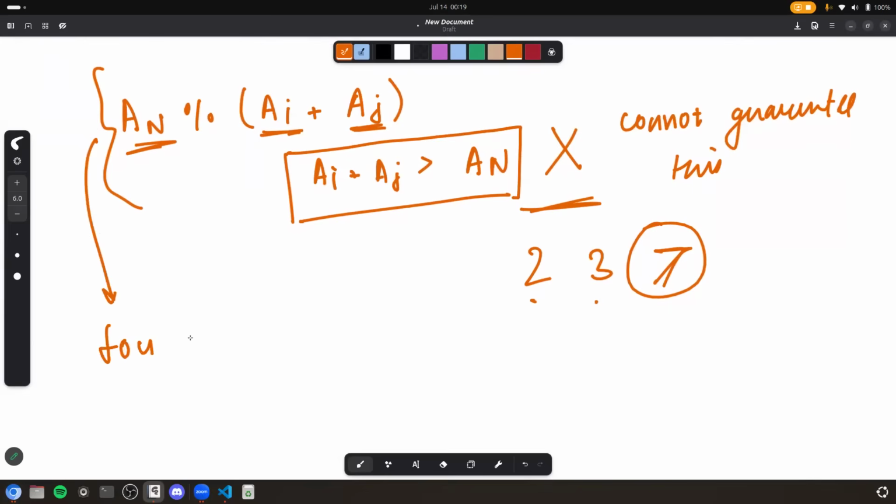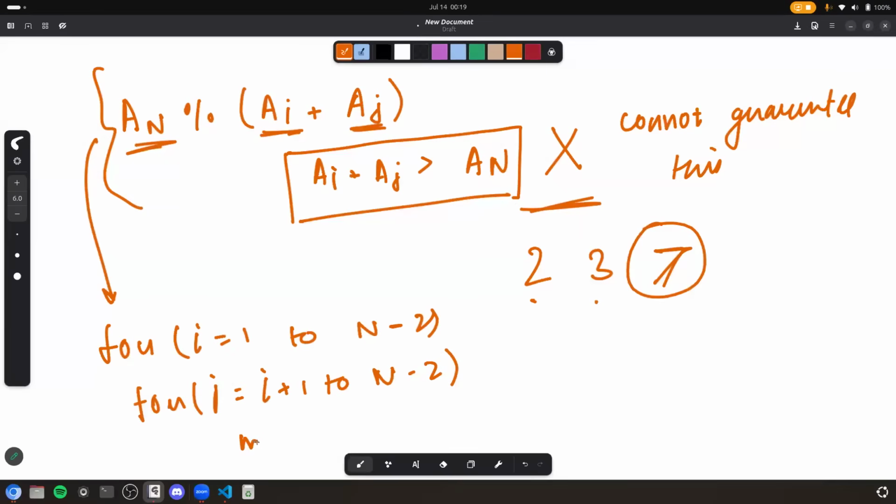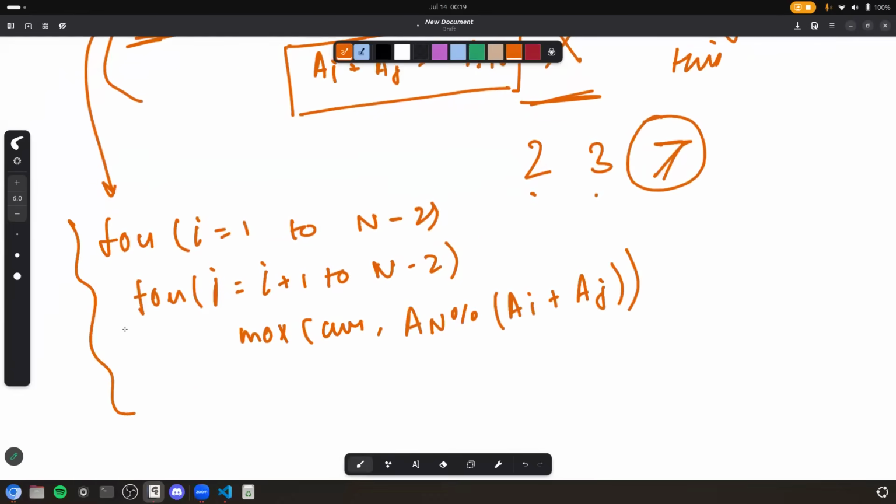For i equal to 1 to n minus 2, and for j equal to i plus 1 to n minus 2, we can just take the maximum of current comma AN modulo AI plus AJ. And this n square for loop will give us the maximum answer we can get from AN.